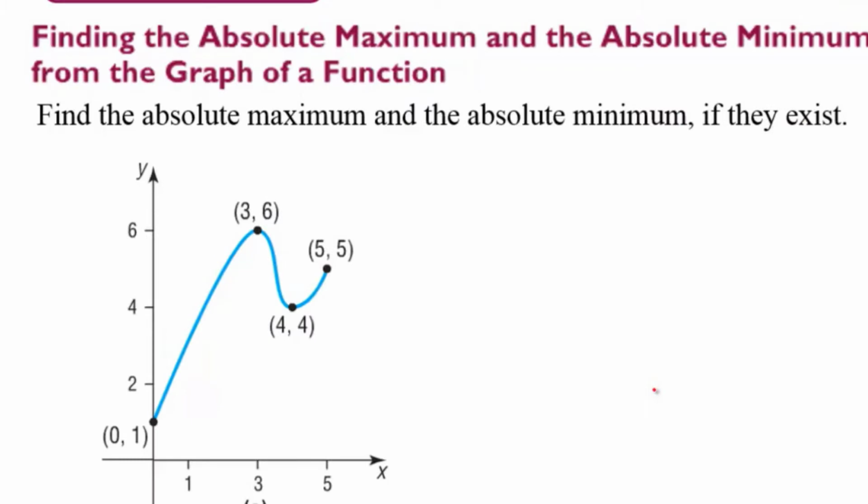So here is a graph. We want to find the absolute maximum and the absolute minimum from the graph. You can see that the graph exists from x equals 0 through to x equals 5. On that interval from 0 to 5, what is the absolute maximum?